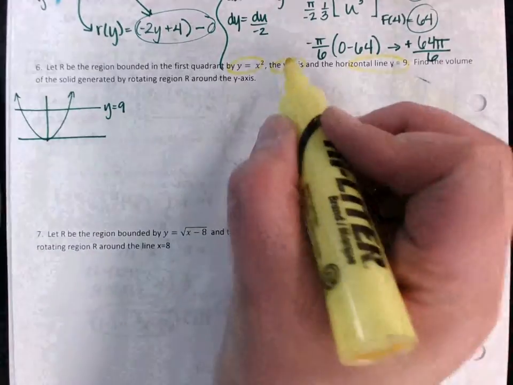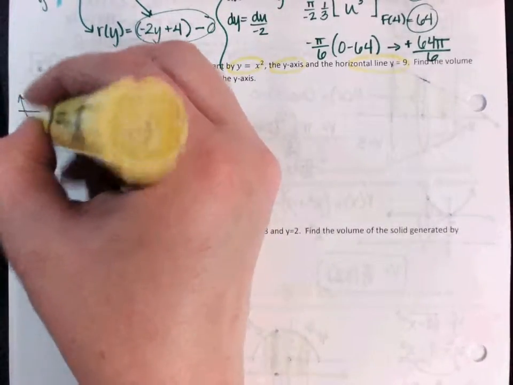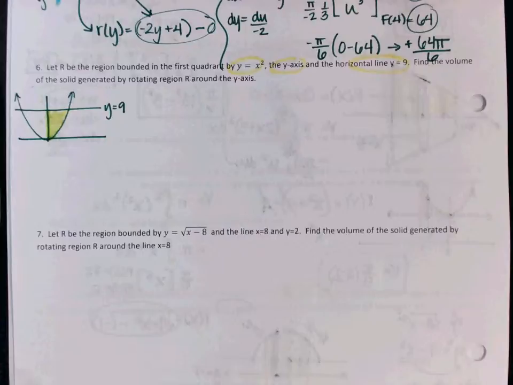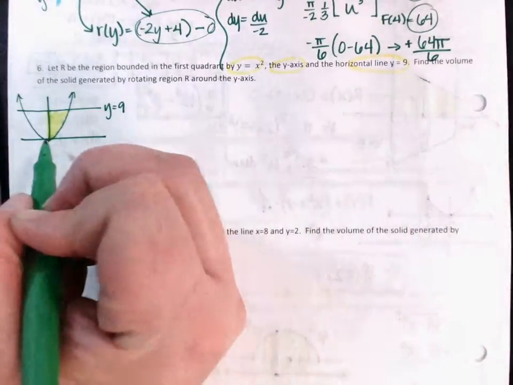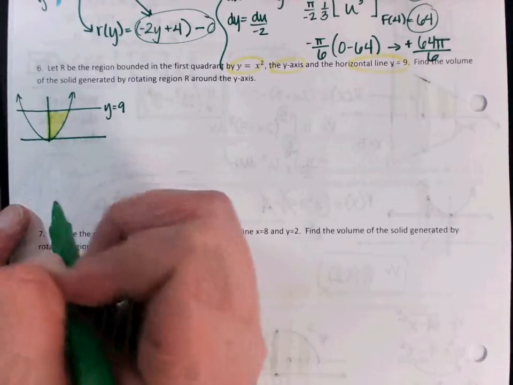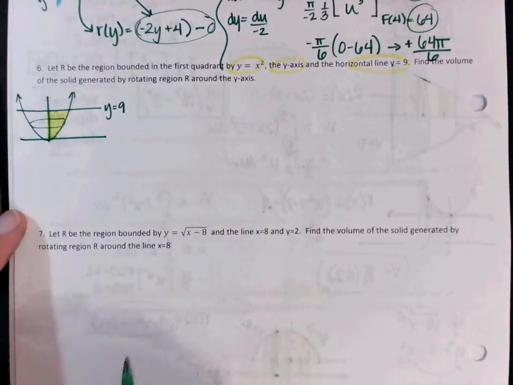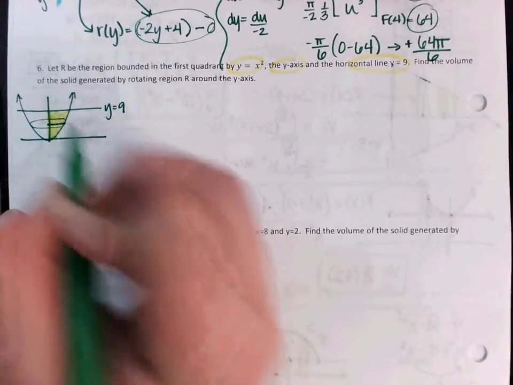If I want the y-axis to be a side? No, you're only doing one side or the other. And then if I'm rotating it around the y-axis, that means my reflection is kind of already drawn for me over here. There's your circle. Which means that my radius is here.